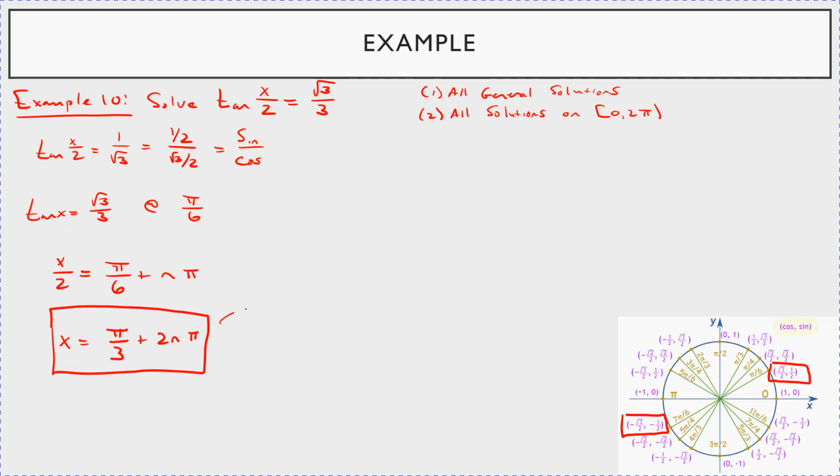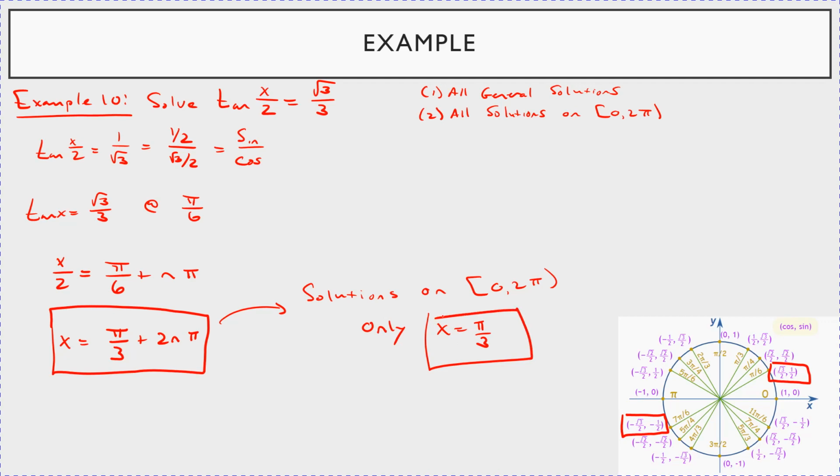And then the solutions on 0 to 2 pi. Well, look, you can't even add it. You can't have n equal 1 here. You can't, because then you would get over 2 pi, because you get pi over 3 plus 2 pi. So it's only x is equal to pi over 3. And we got it.